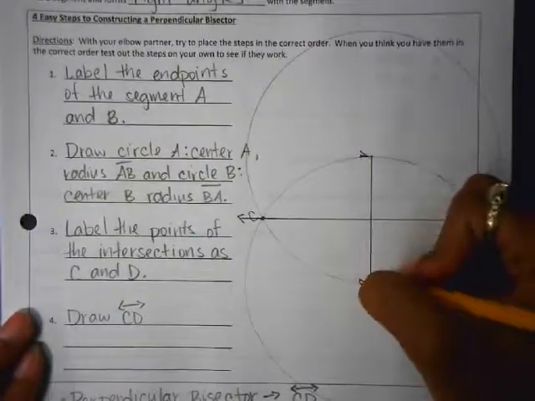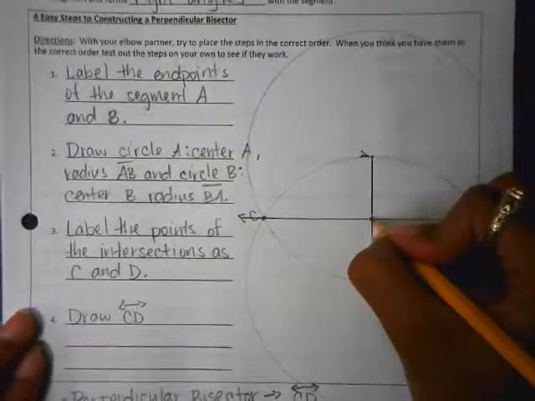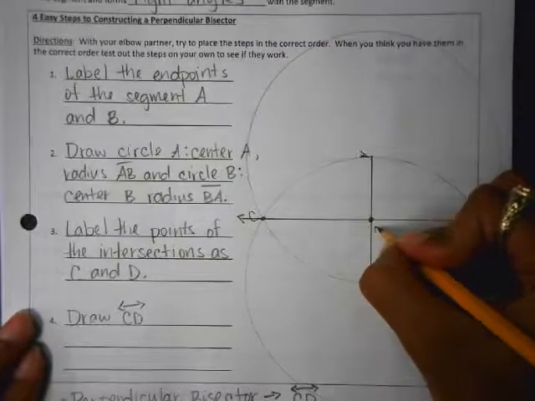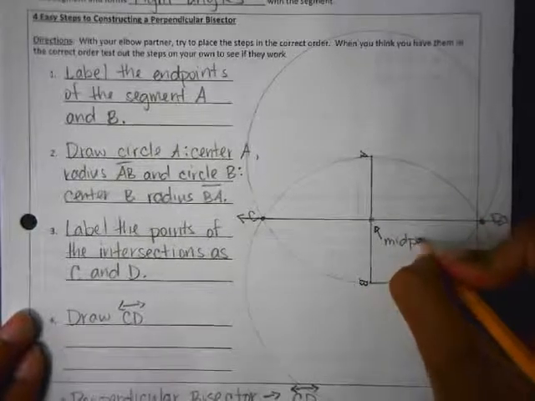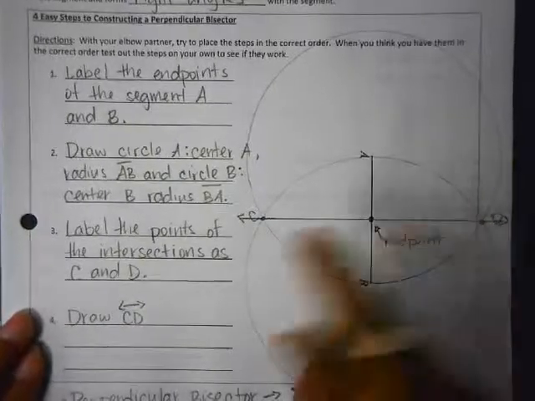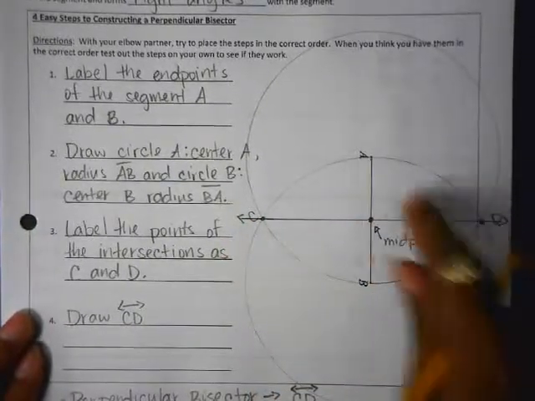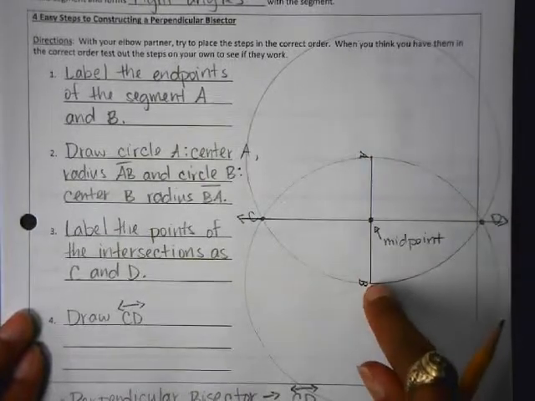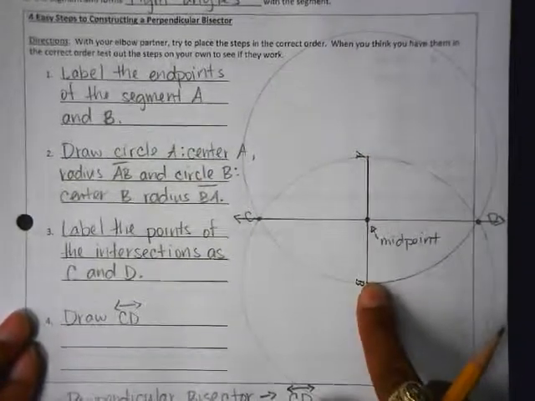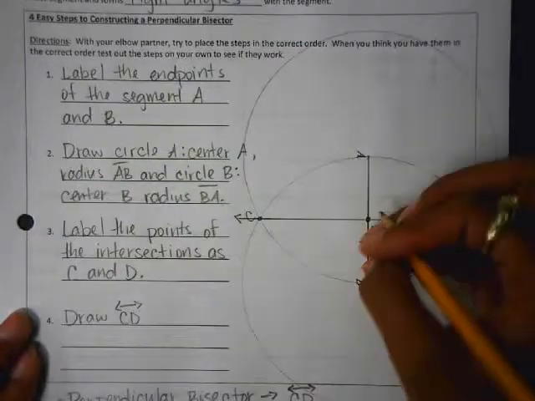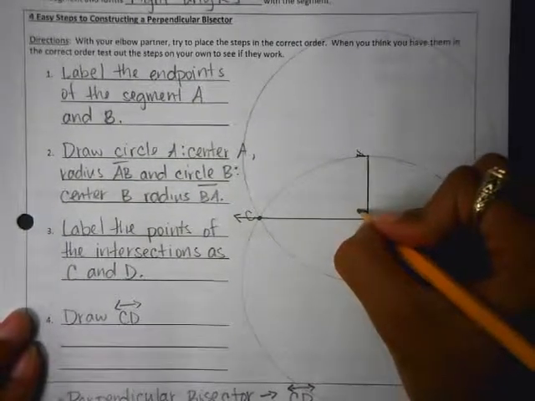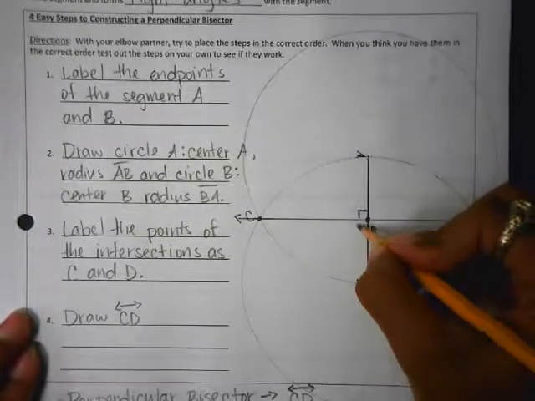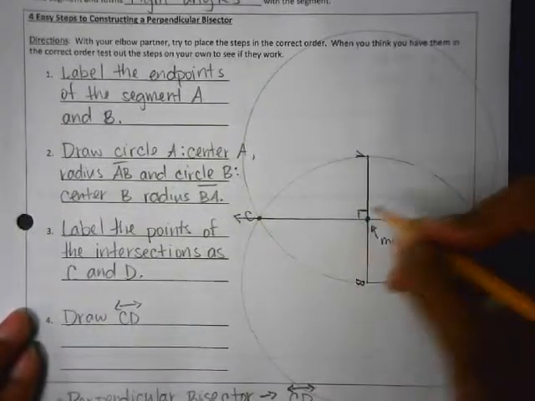Now, when line CD hits line segment AB, what kind of angle does it create? A right angle. In order to show that this is a right angle, we need to draw a box here. We can draw the box on any side. I just decided to draw it here. So that is how you construct a perpendicular bisector.